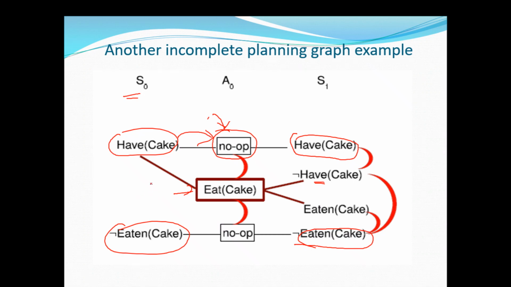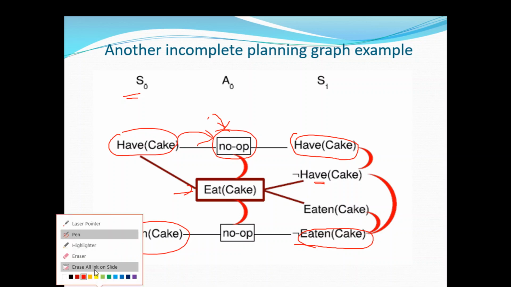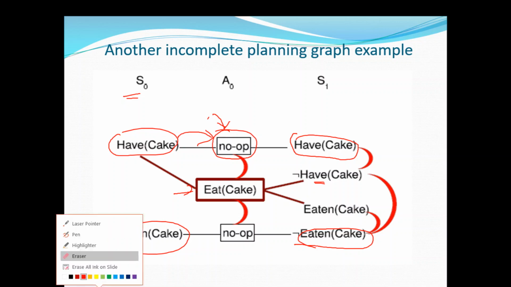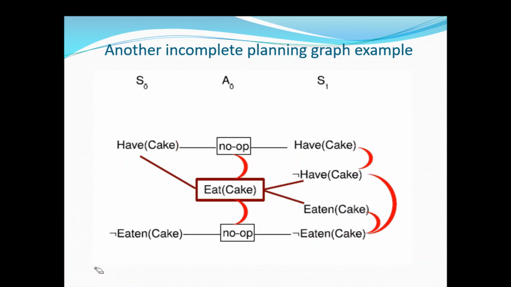One more thing, here you can see some red color arcs. So basically they represent independence. How much is each action or each fluent, what is the relation?